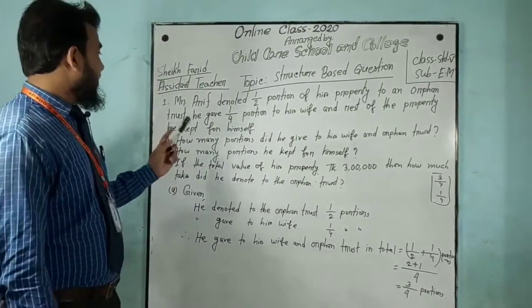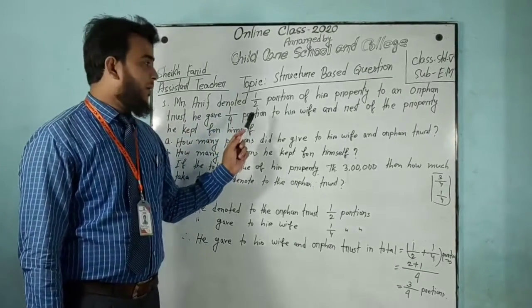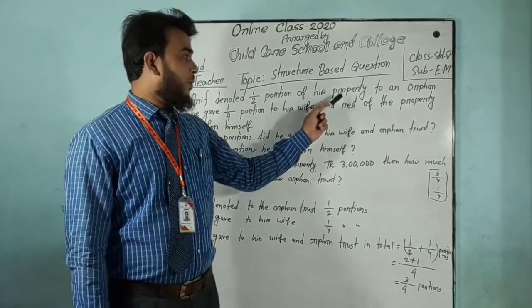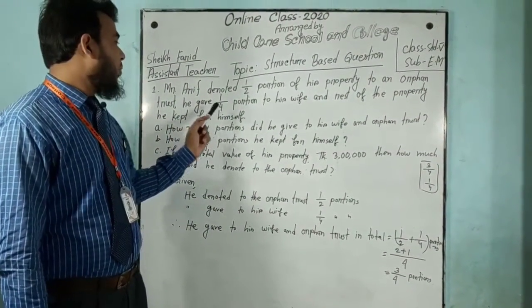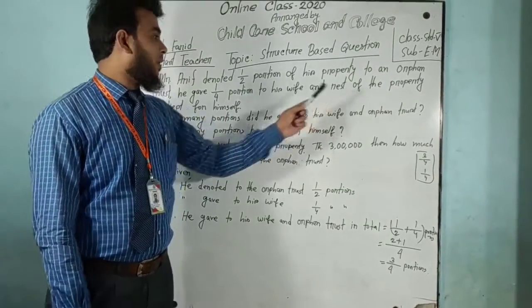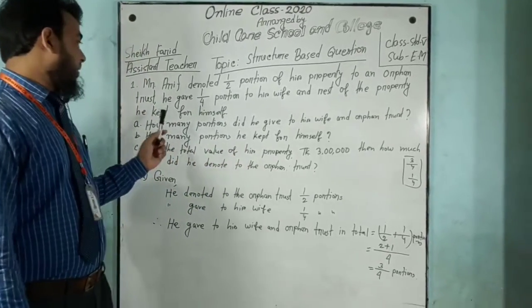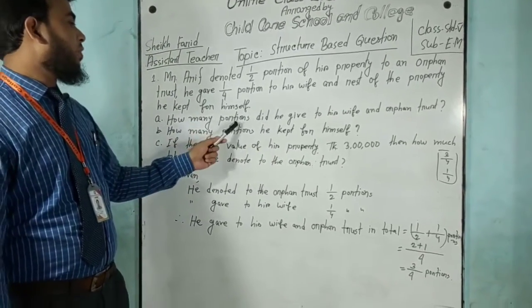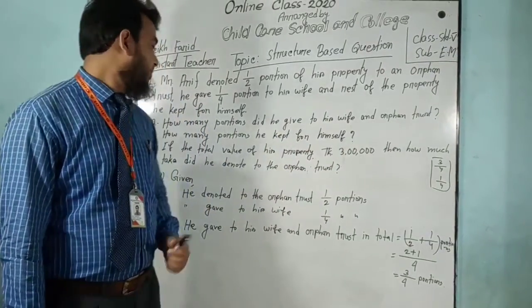The question is, Mr. Arif donated 1/2 portion, half portion of his property to an orphan trust. He gave 1/4 portion to his wife and the rest of the property he kept for himself. Question A, how many portions did he give to his wife and orphan trust?